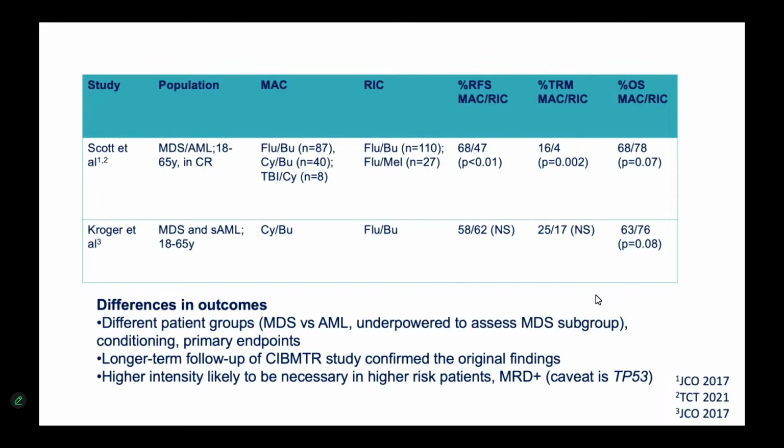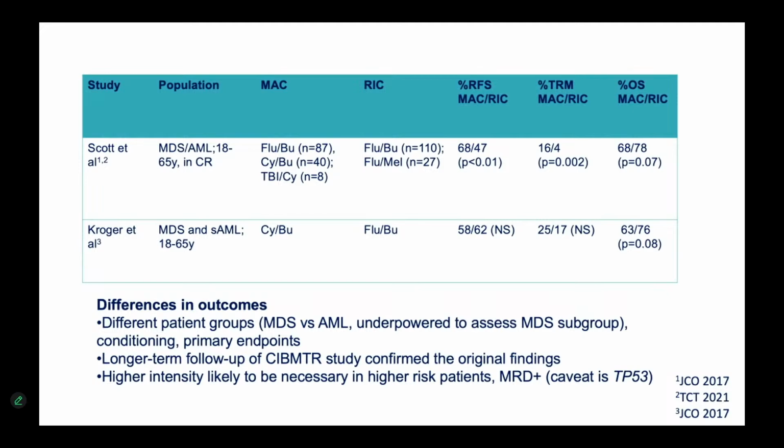Although the Scott study suggested that patients who received a MAC had superior outcomes compared to those who received a RIC transplant, the TRM was very low in that study, at 16% for a myeloablative transplant and 4% for a RIC, and was higher, and perhaps more as we are used to, in the Kröger study.